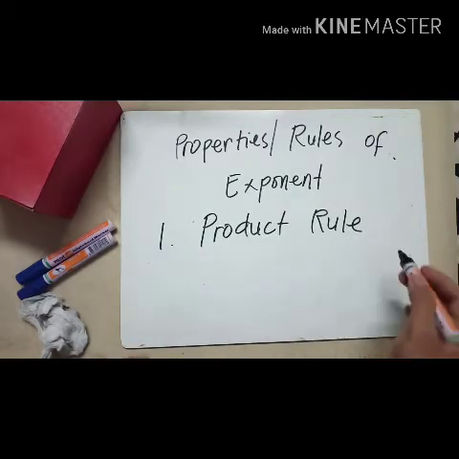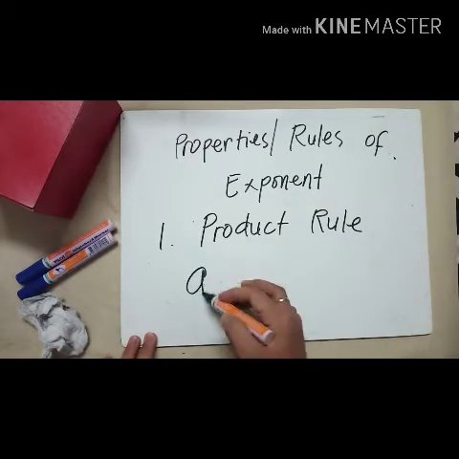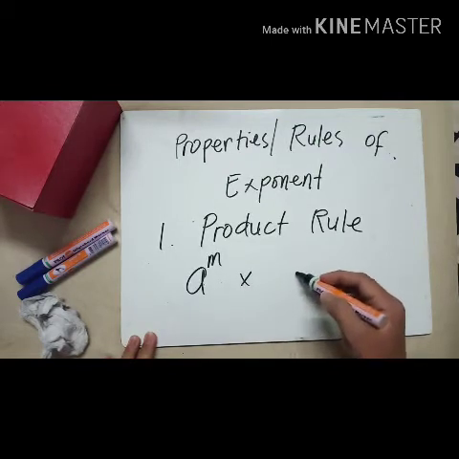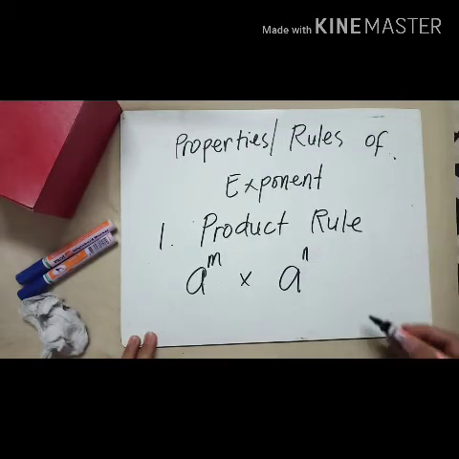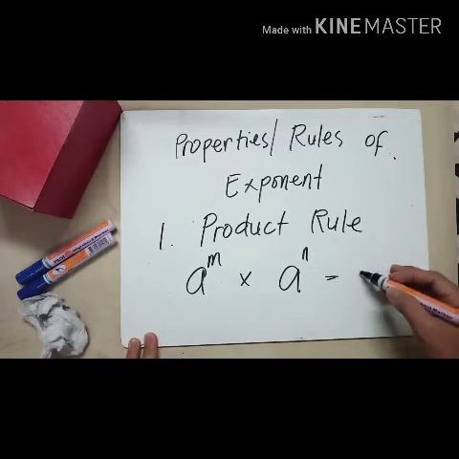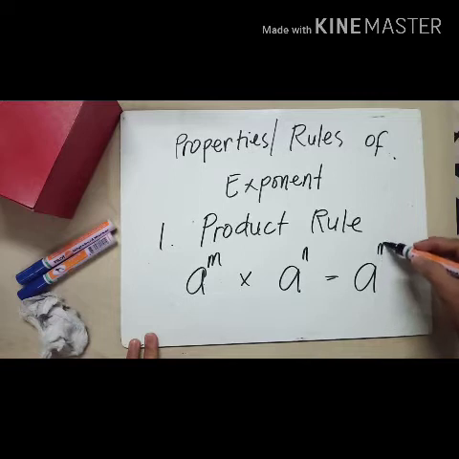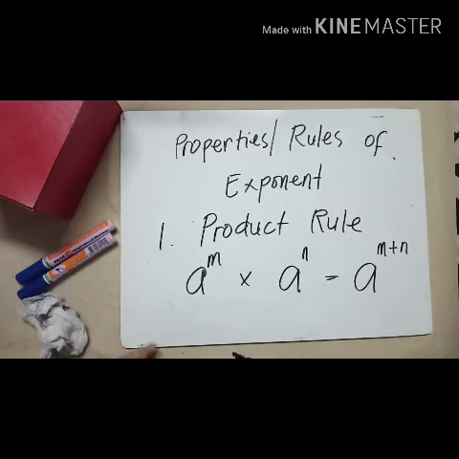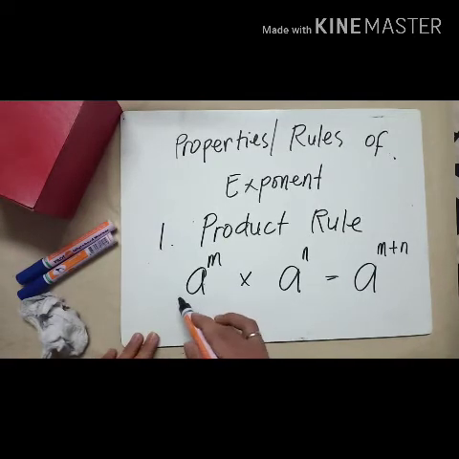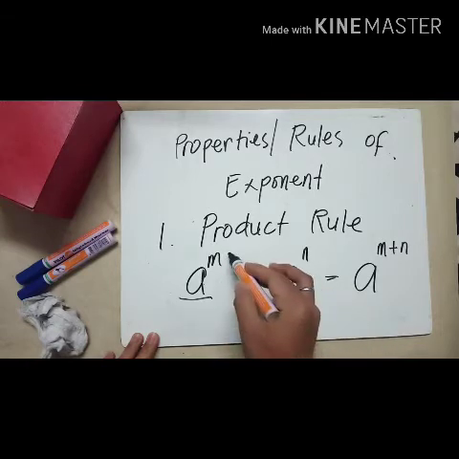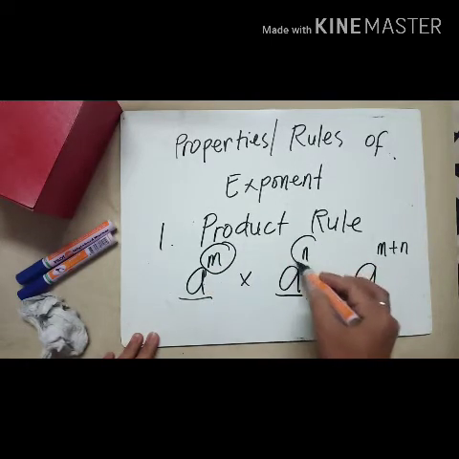In the product rule, a raised to the power of m times a raised to the power of n is equal to a raised to the power of m plus n. So it simply means that you're going to copy the base, and then add the exponent.